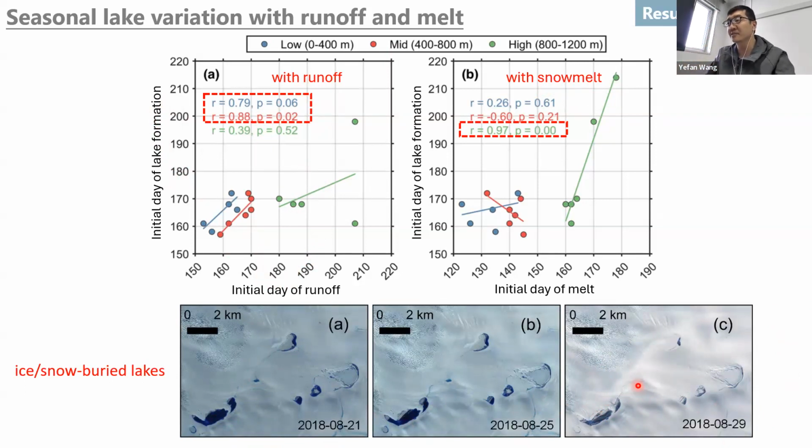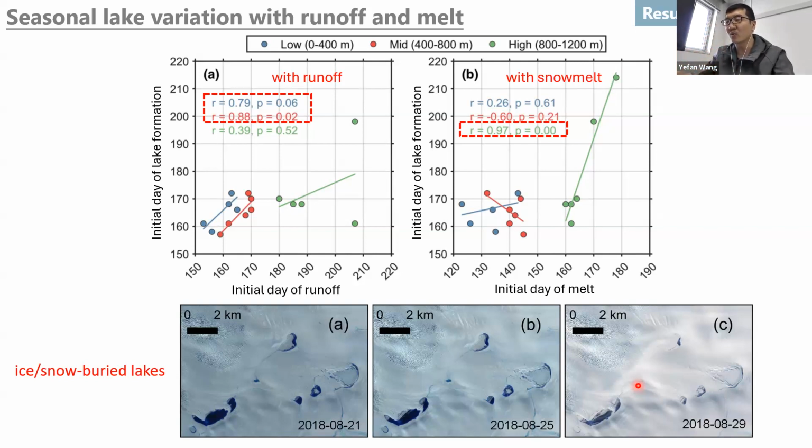But when the next melting season starts, and the ice and snow melt, these ice-covered lakes just appear, so we can observe them by satellite. But in the lower elevation regions, there is a process of melting and runoff, and this water just accumulates.